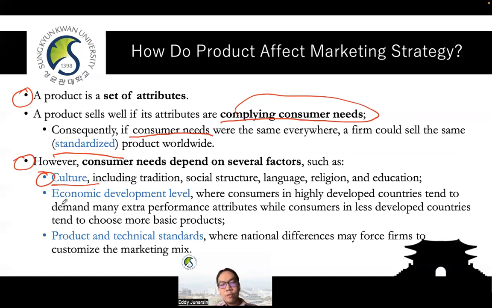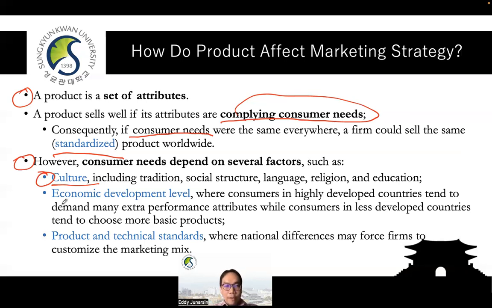Of course, if you go to Middle Eastern countries, the promotional materials would be different from those in Western Europe or Northern Europe, in North America, and so on. And if you do any distribution strategy in China, it would be different from that in Australia or in other parts of Asia.